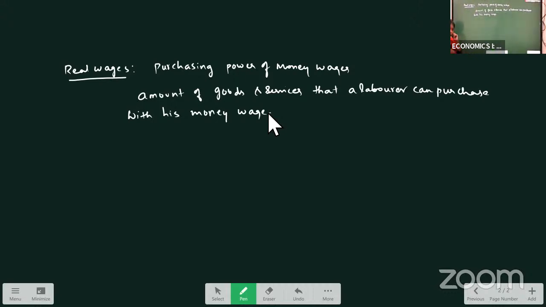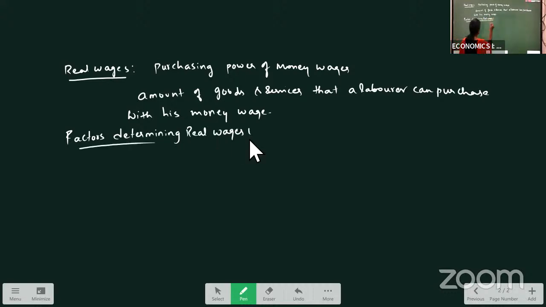So here, now let us discuss what are all the factors determining real wages. Factors determining real wages means what? For example, I have 10,000 rupees income.